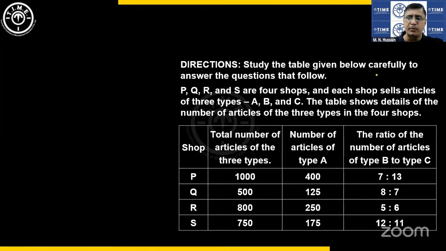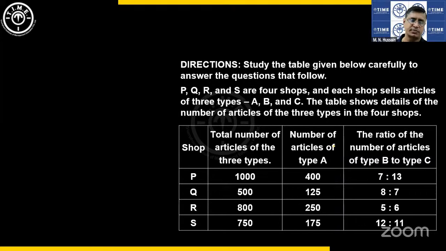Study the following table carefully to answer the questions that follow. P, Q, R, S are 4 shops and each shop sells articles of 3 types, A, B, and C. The table shows the details of the number of articles of the 3 types in 4 shops.